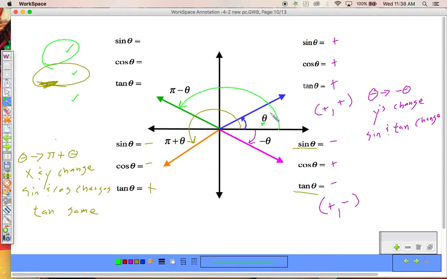Theta to negative theta is a reflection over x. From theta to pi plus theta is through the origin, or reflection over both of them. And pi minus theta is going to be a reflection over y.